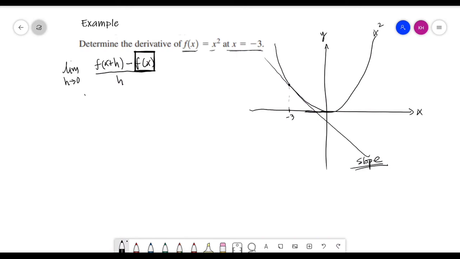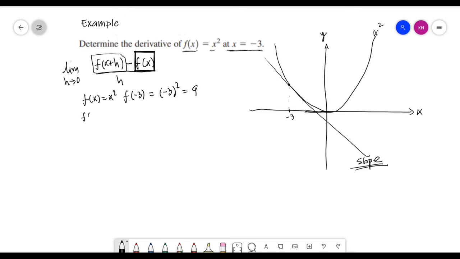I know my f of x is x squared. Here x is negative 3, so we're going to find f of negative 3, which is negative 3 squared, and that will give me 9.